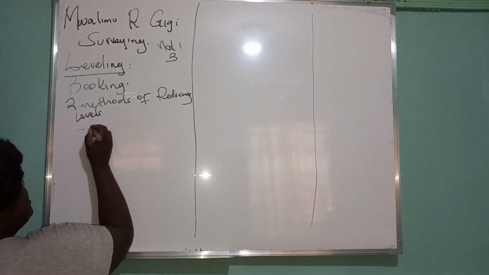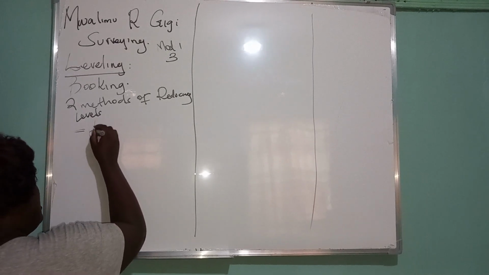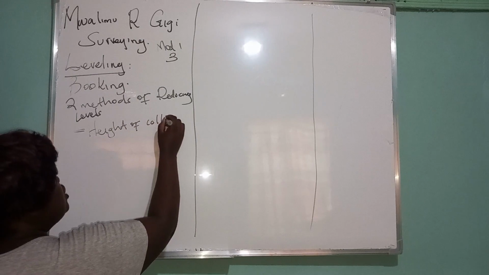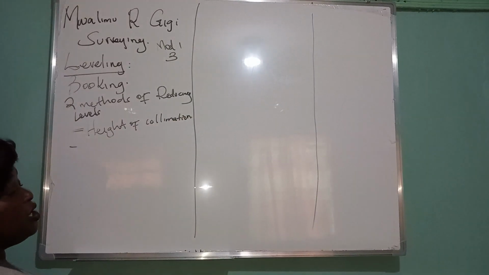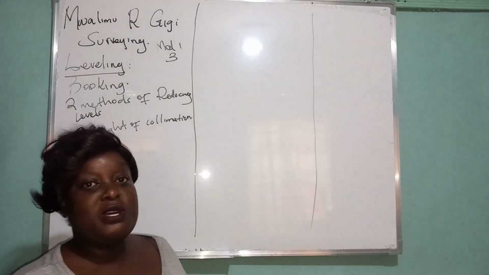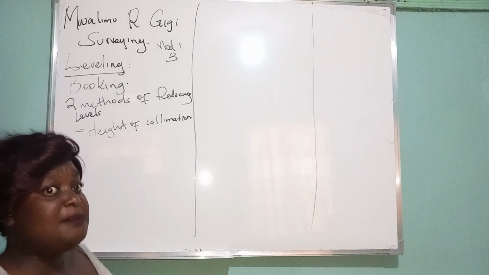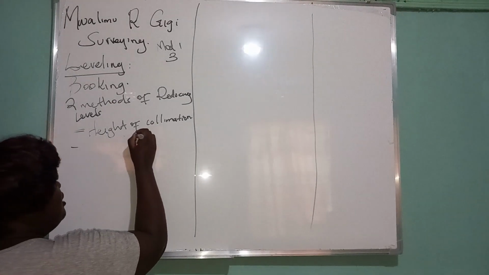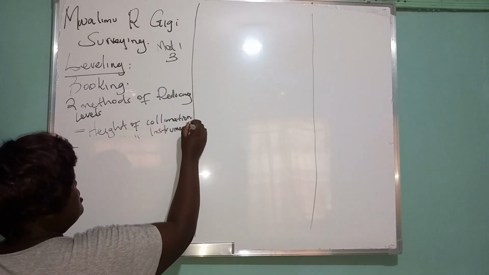So the first reducing level method we have is the height of collimation. As we said in the terms used in leveling, it is also called the height of instrument.